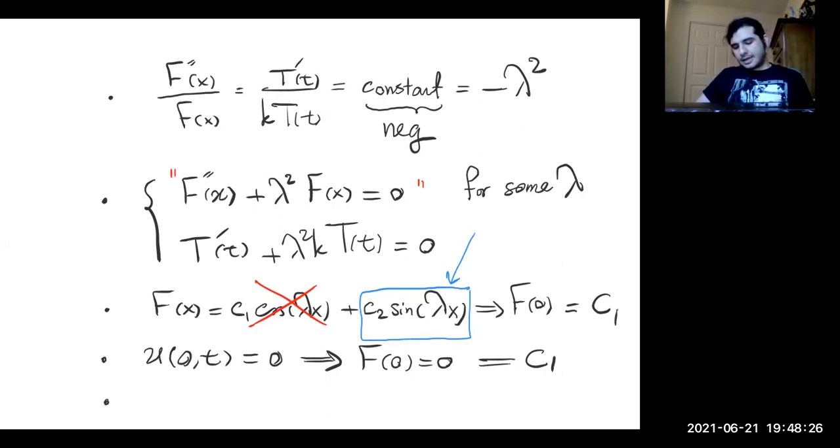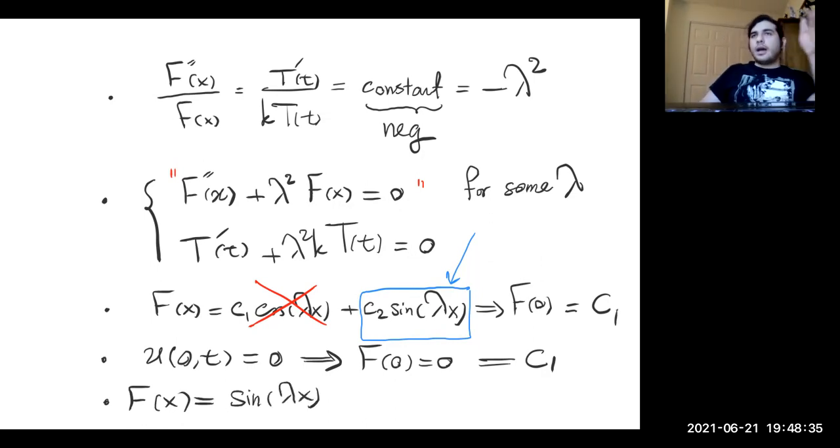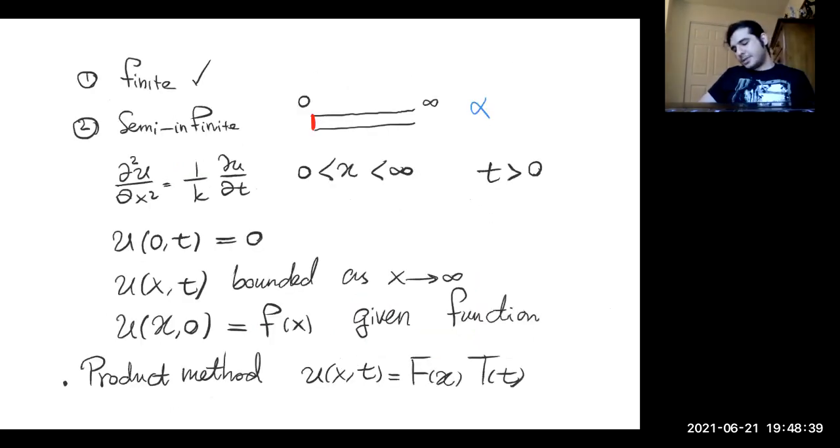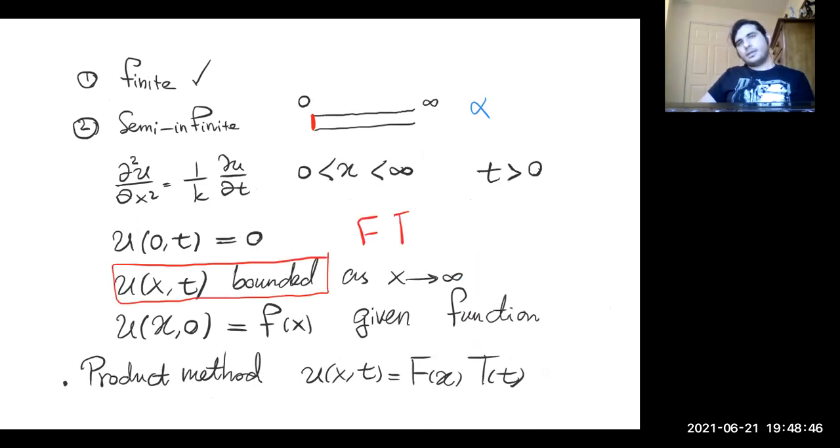So the result is f of x, well, up to the constant C2, which doesn't matter. So up to a constant, it's equal to sine of lambda x. The other asymptotic condition, if we just go one page back, was telling us u is bounded. This tells us f times t is bounded. Therefore, let's assume it tells us that f is bounded.